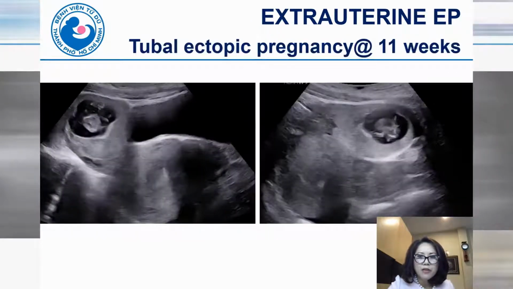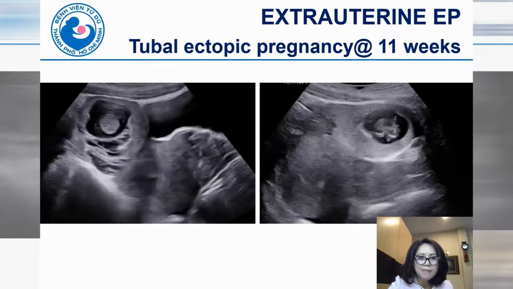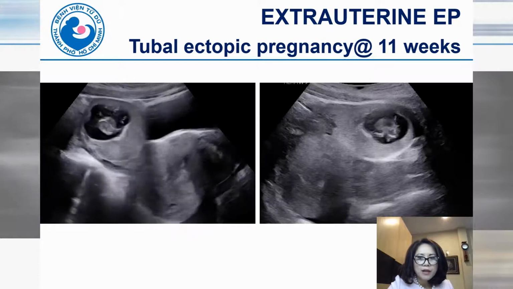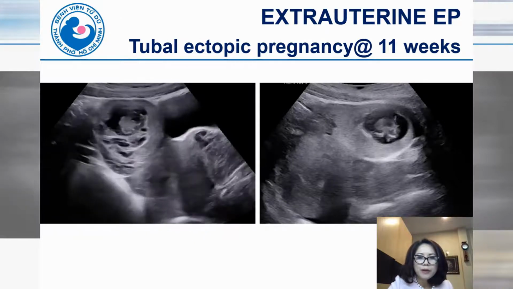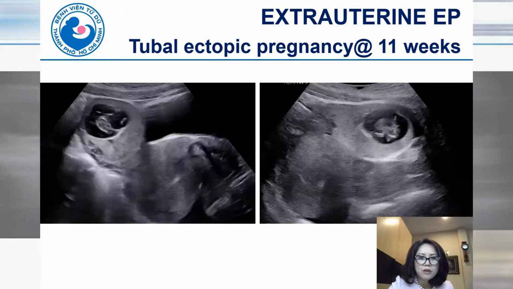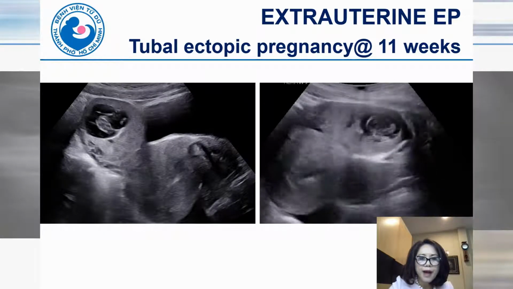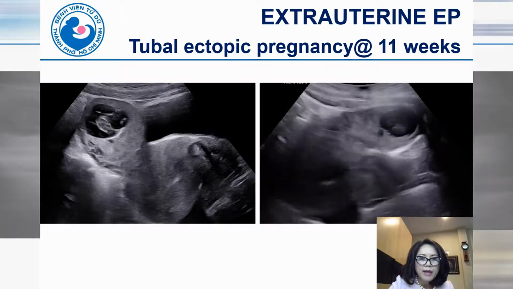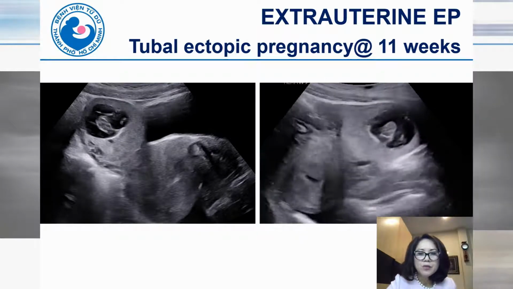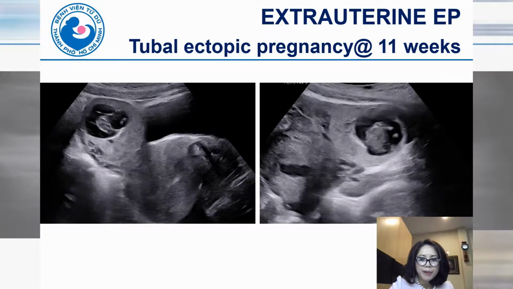However, when we saw the pregnancy change position after the bladder emptied, we could not exclude a tubal ectopic pregnancy, because the abdominal pregnancy we usually see is fixed and not smooth, and laparoscopy confirmed it was a tubal ectopic pregnancy.